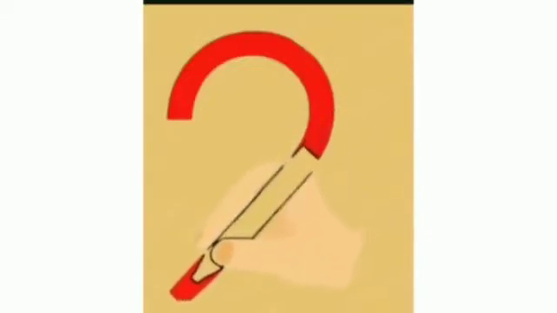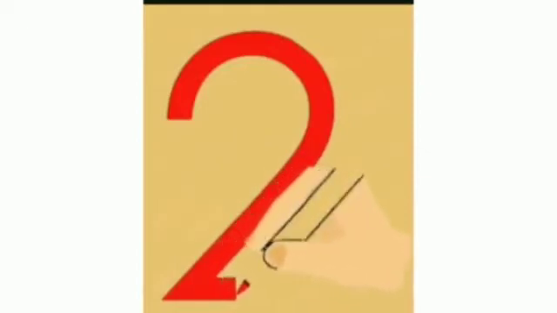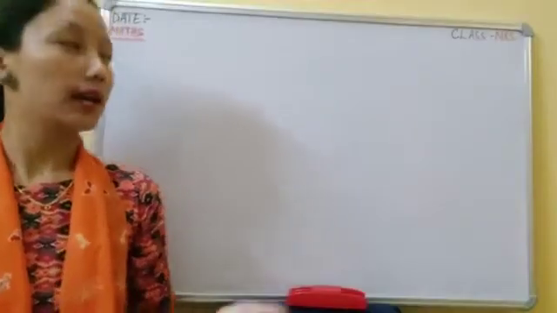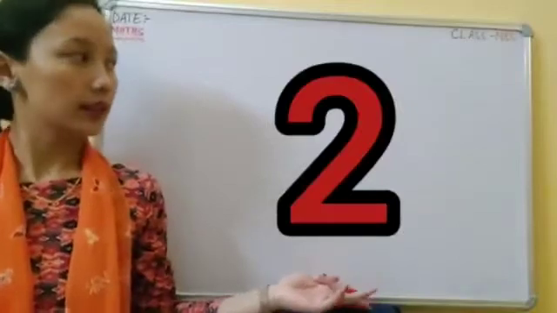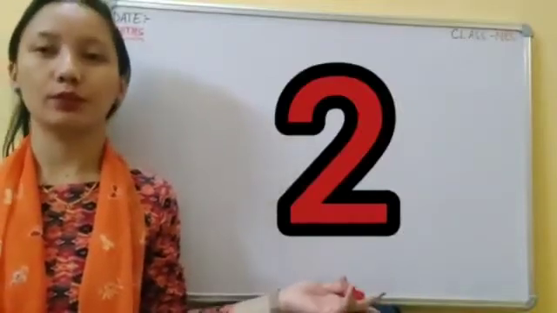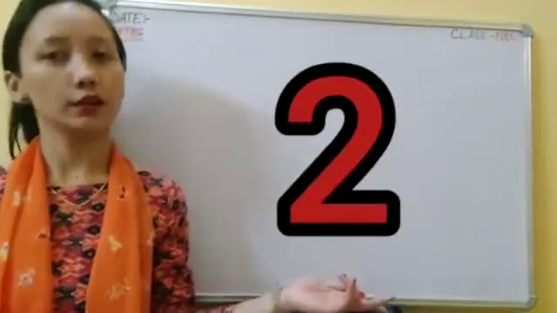And then make a sleeping line. Sleeping line. Very good. So this is your number 2. Students, this is number 2. Now, let's learn how to write number 2.